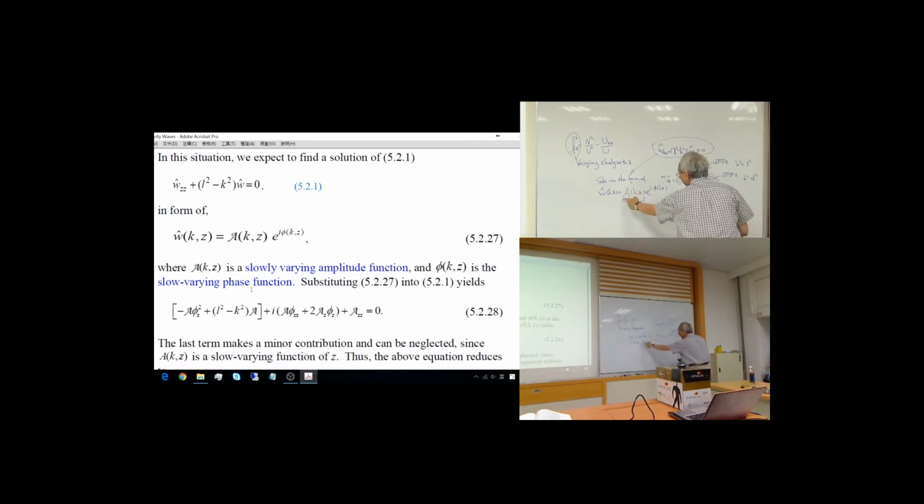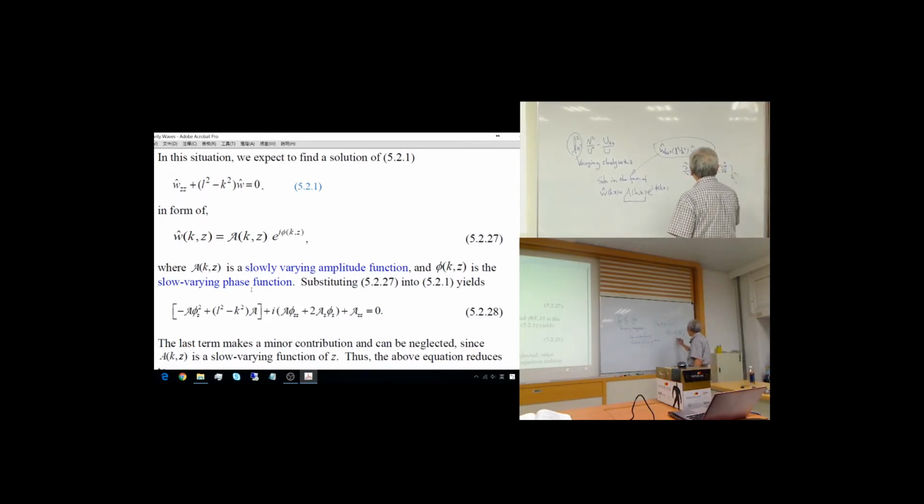That's why A, the coefficient, is a function of K as well as G, whereas here A, B, C, D are only functions of K. If we assume a solution like this and substitute it in, then we have the second derivative of W hat with respect to G, which equals the derivative with respect to G of the first derivative, and here we have two terms.